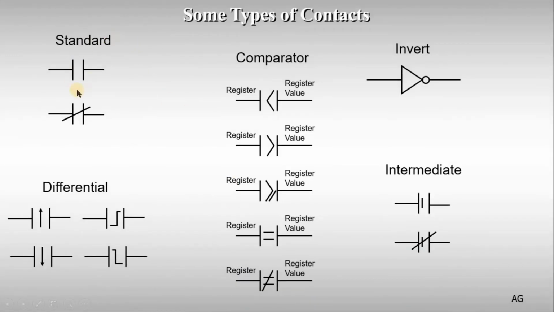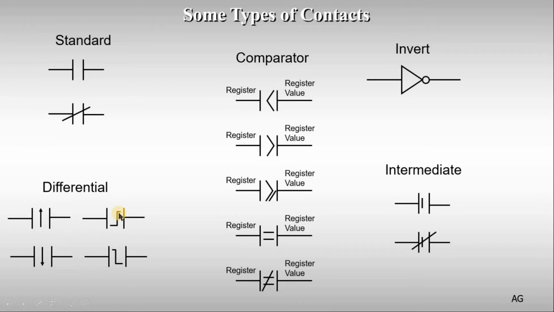So what kind of contacts can we use? So far we have seen those two, normally open and normally closed. There is exactly the same idea, but it's completely different. This we call differential. What does it mean? It means when the PLC looks at this contact, it will consider it true only if it changes status from off to on.